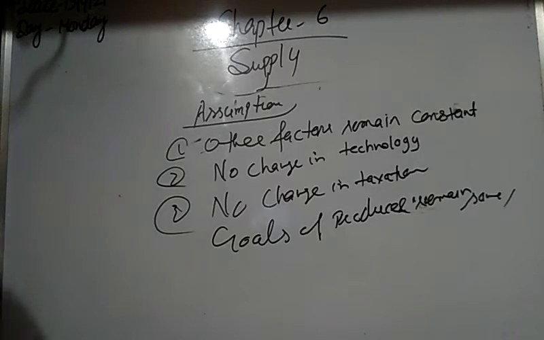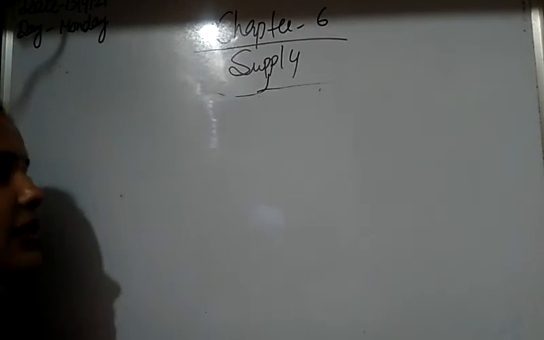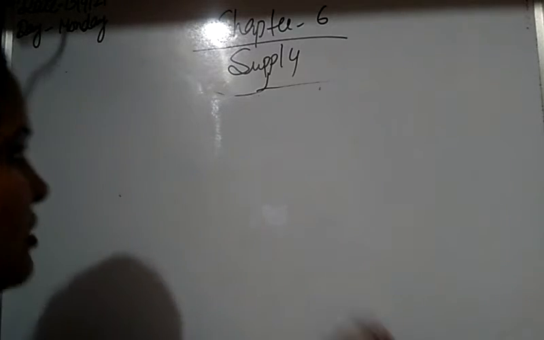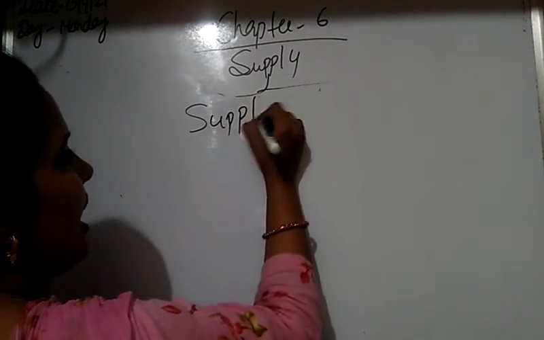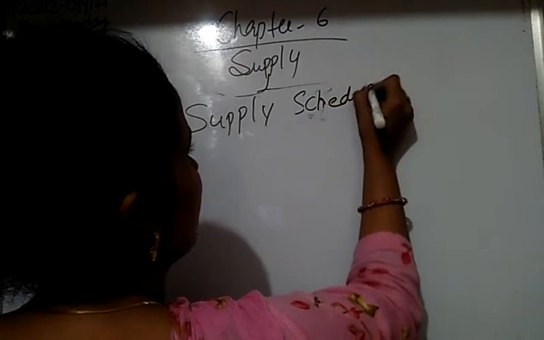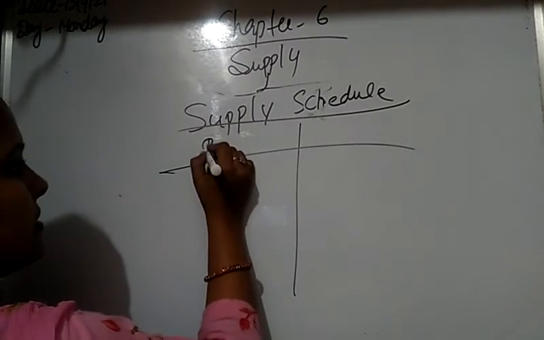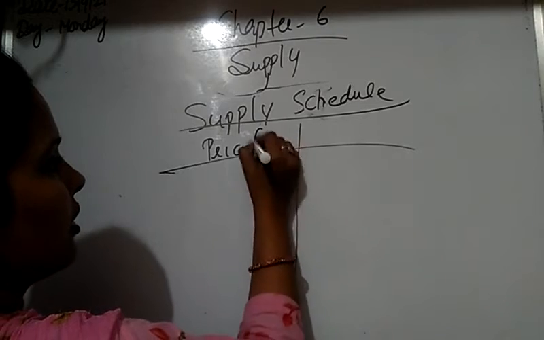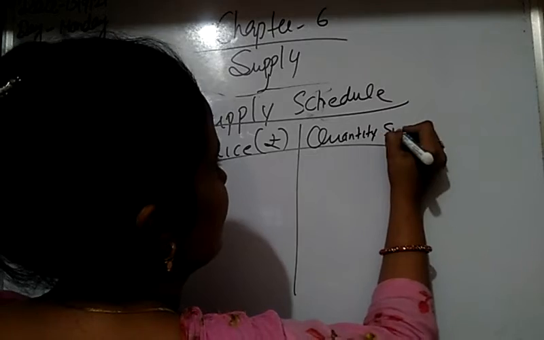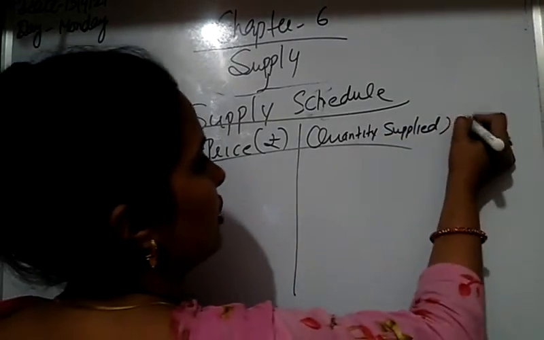Next is supply schedule. When we present the price of a commodity and the quantity supplied of a commodity in a tabular form, we call that a supply schedule. I am taking X commodity, only one commodity.